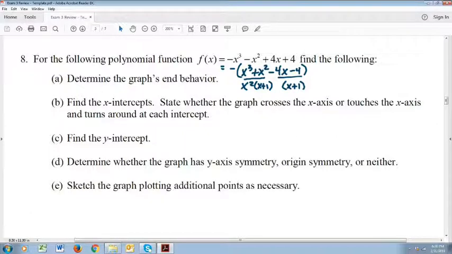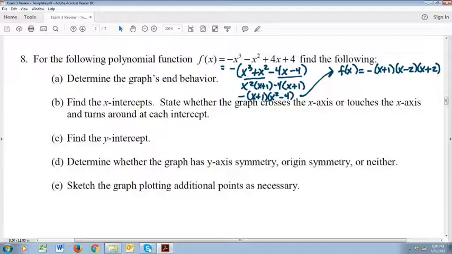And then we'll have an x plus 1 factor for this other. We're going to need a minus 4 there. We get x plus 1 times x squared minus 4 with a negative out front. So we can go ahead and rewrite f of x in factored form. Notice we also have a difference of squares here, so I'll go ahead and take care of that too. So x minus 2 times x plus 2.